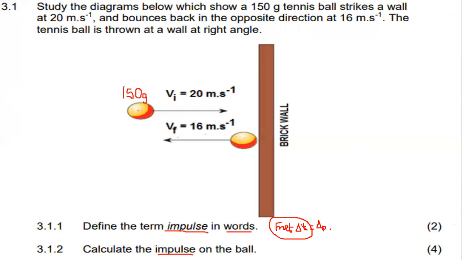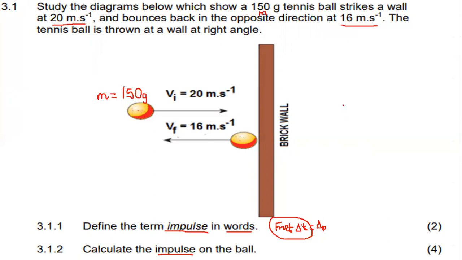So in this particular instance, we know the mass of the ball, which is this one, to be 150 grams. We know the velocity before the collision, and then we know the velocity after the collision with the wall.